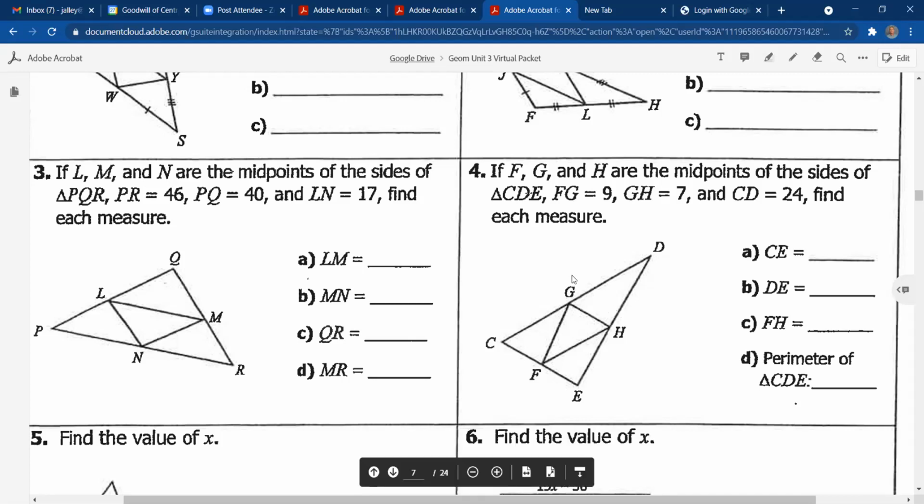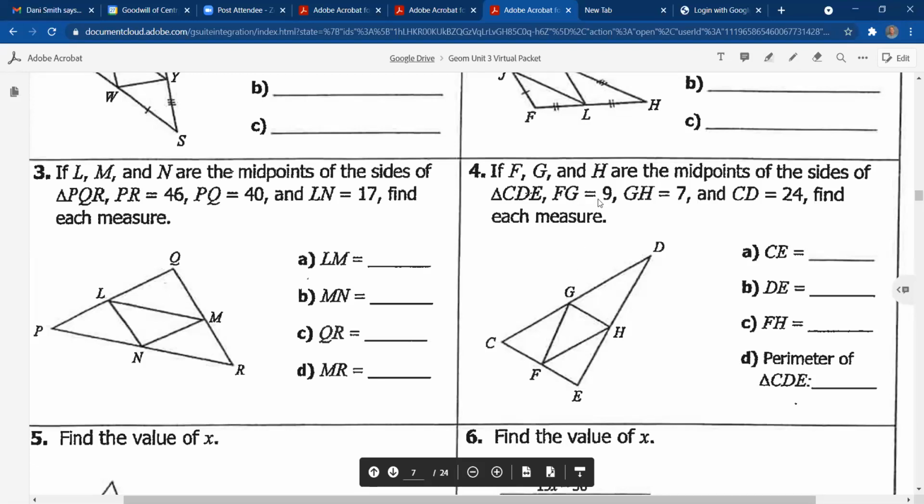So if FG is 9, how much is DE? This side over here. It's twice as much. Remember, these mid-segment lines are half of the side that they're opposite.